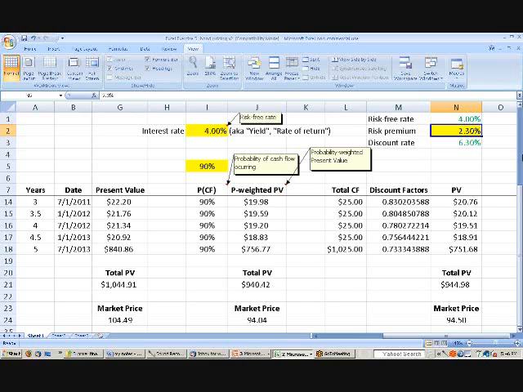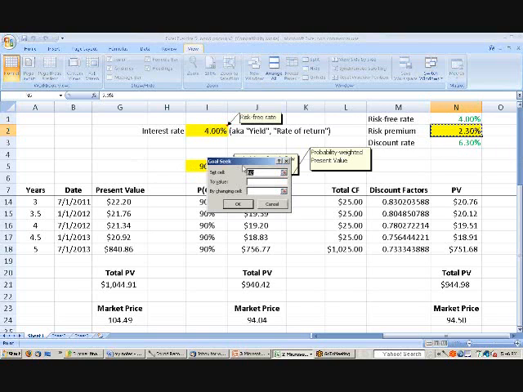And actually, rather than having to use guess and check, there's a tool in Excel. If you go to, on the menu bar, Tools and Goal Seek, you can actually have Excel guess and check for you. So what we want to do is set this cell equal to 940.42, and we want to achieve that by changing this cell.